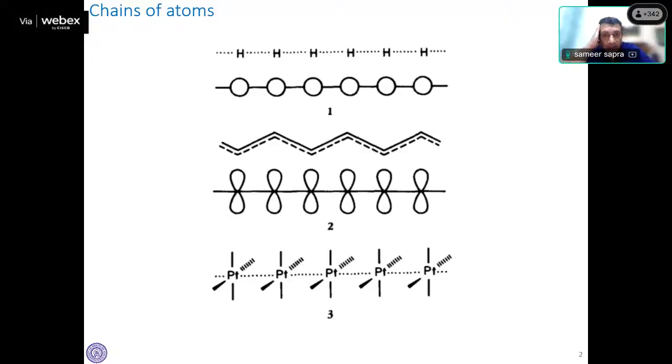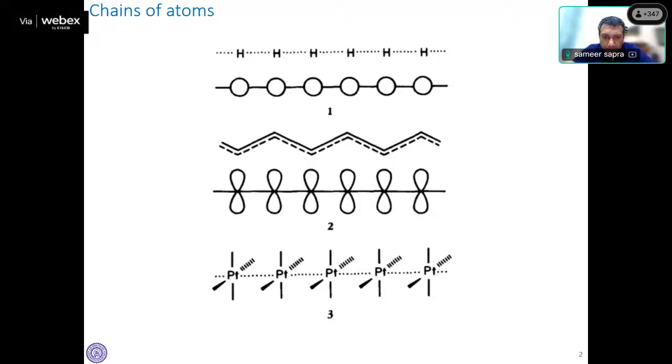Okay, and then you can perhaps take a look at the second example where you have conjugated double bonds. So a linear chain of conjugated double bonds like butadiene, hexatriene, octatetraene, and so on and so forth.